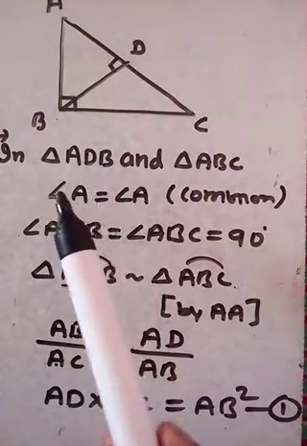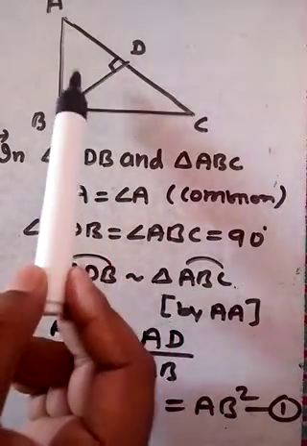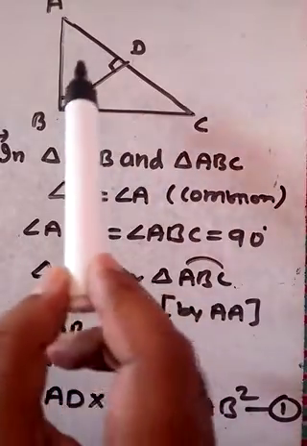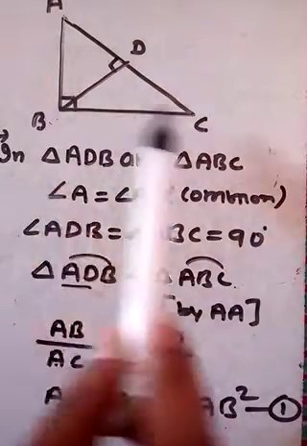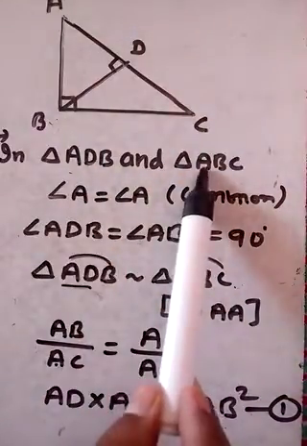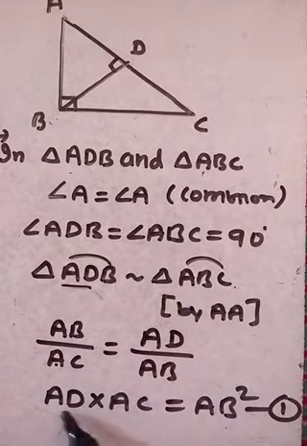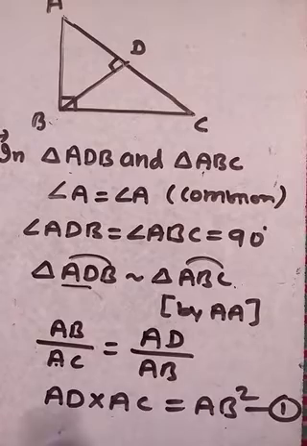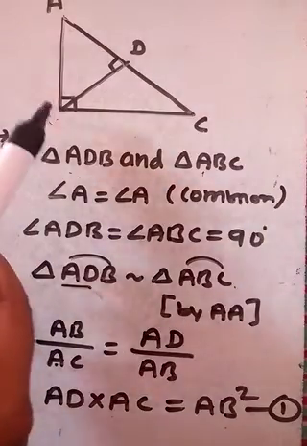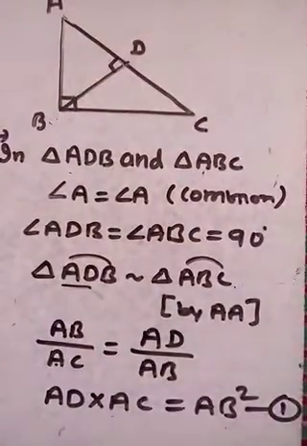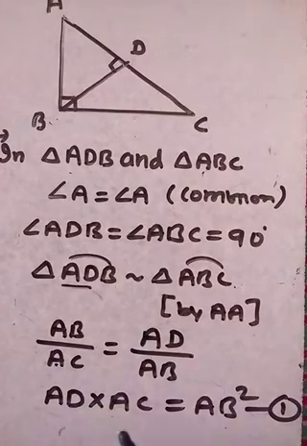Now you take one small triangle and the whole triangle, ADB and ABC, and then you obtain AD into AC equal to AB square, because in the question we need AB square plus BC square equal to AC square.